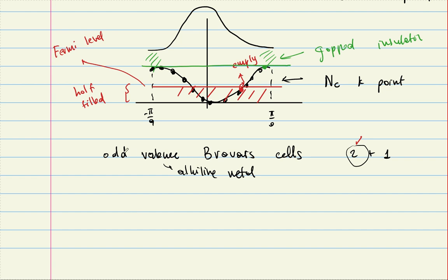On the other hand, there are some even valence atoms like silicon, germanium, carbon. As we mentioned in the previous lectures, these are non-Bravais, but still this argument, with some corrections, works, and these are insulators.